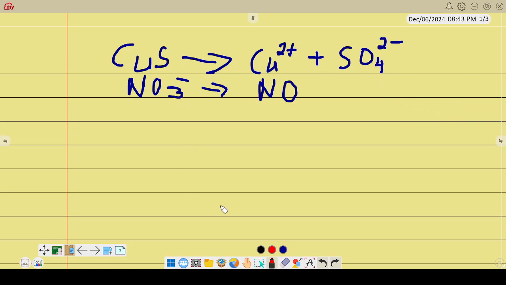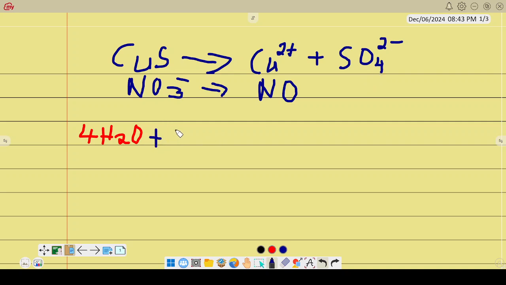So on the right we'll introduce four water molecules so that it's balanced with this side.